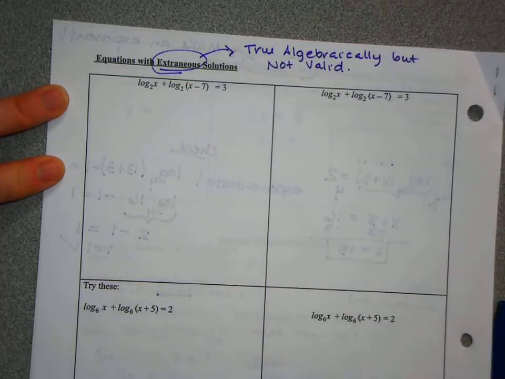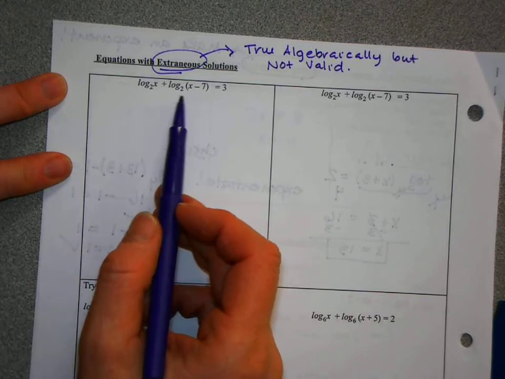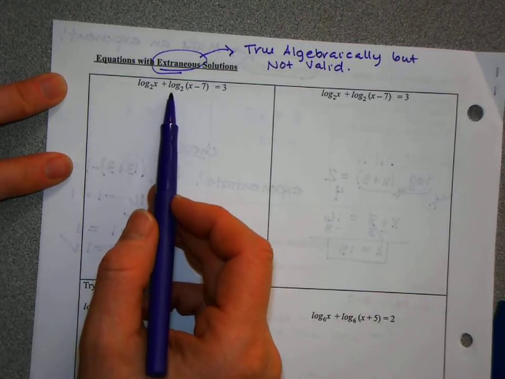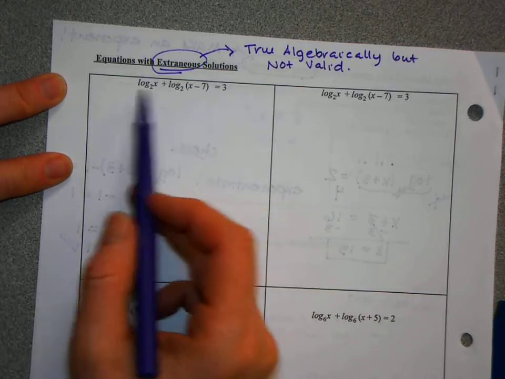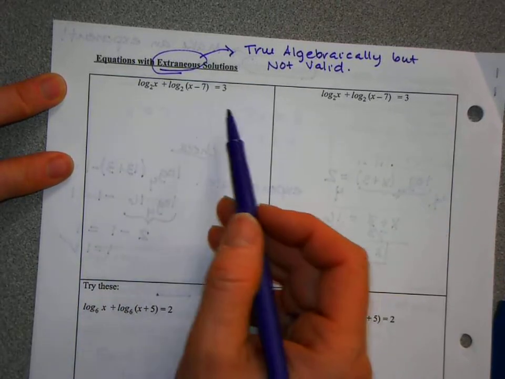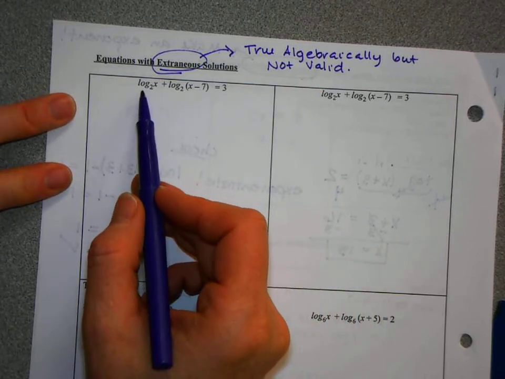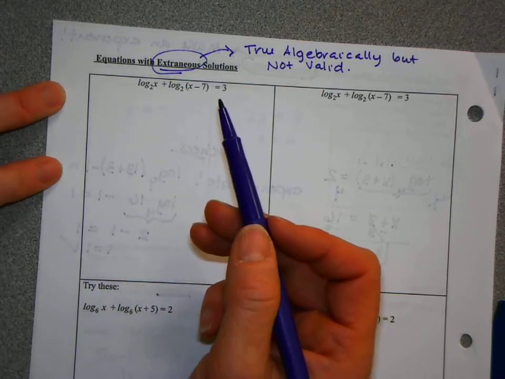All right, so now look, these problems are different. We have log base 2 plus log base 2. We can't set things equal because we have a sum here. We can't rewrite yet. So what do we do? Well, when you have the log base 2 plus the log base 2, you can condense.